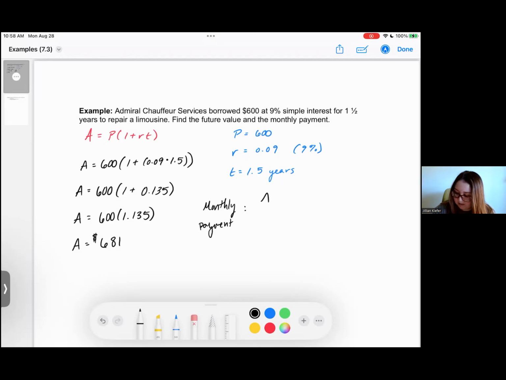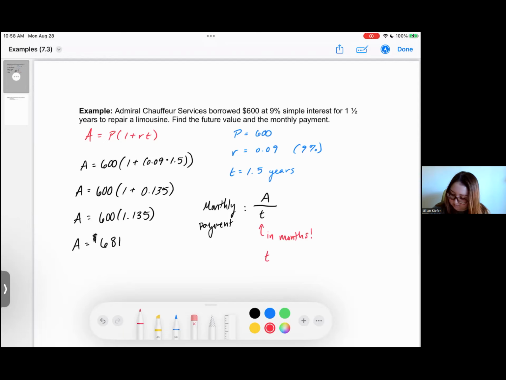We want this to be our future value divided by time. But we want our time in months because that's what we're calculating, monthly payments. Our time for us is 1.5 years.